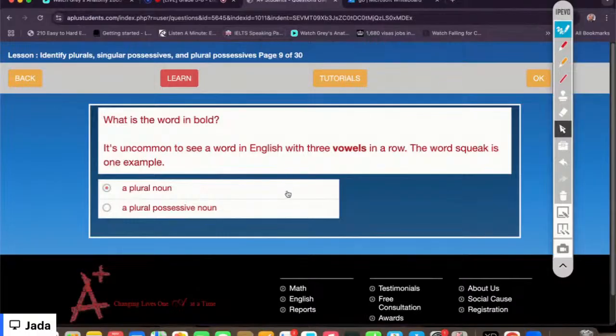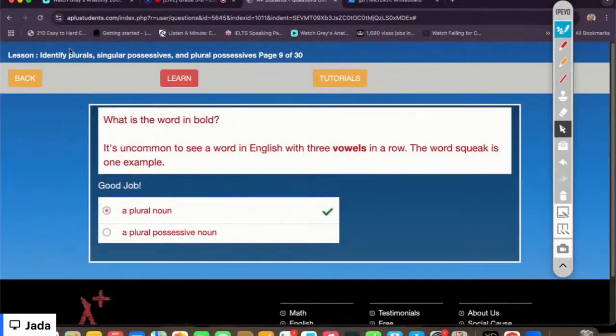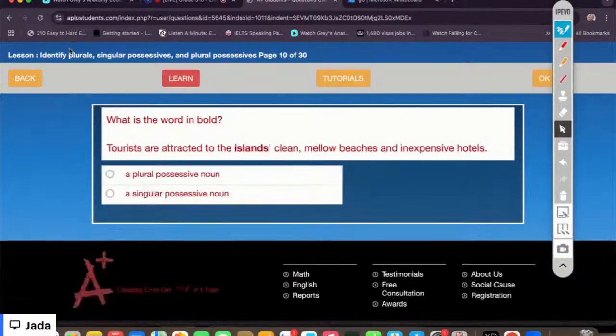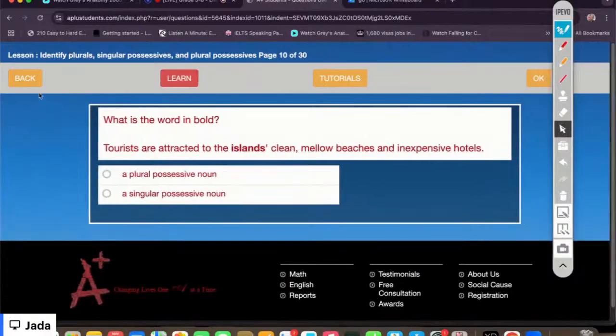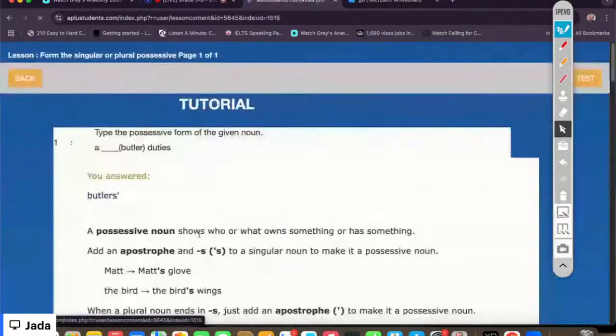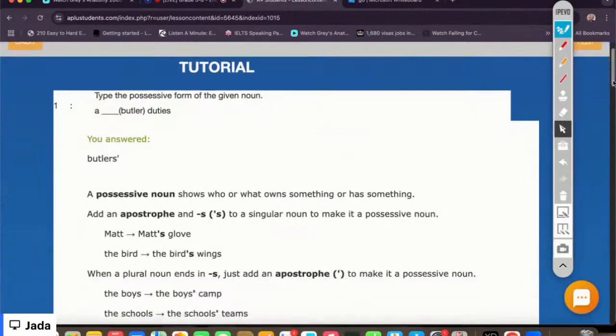All right, so we have plural now. Okay, that's it for this lesson. We will move on to the next lesson, which is form the singular or plural possessive.